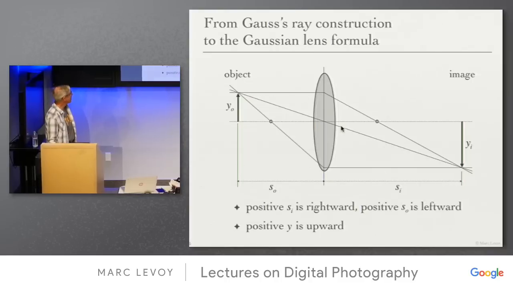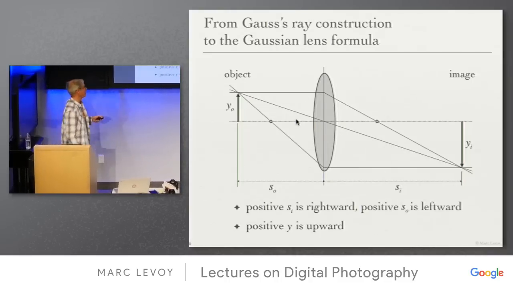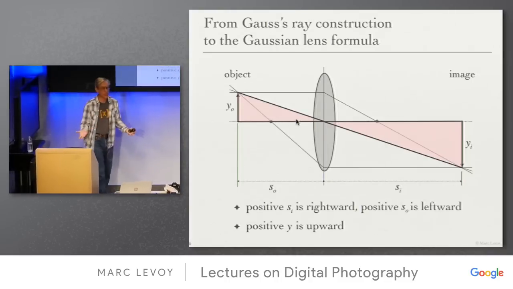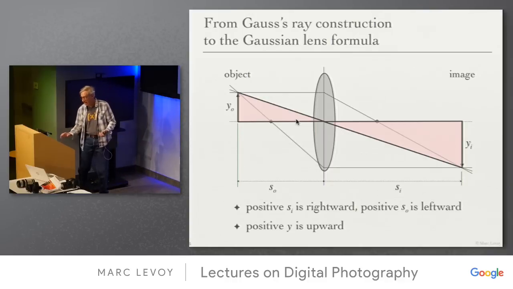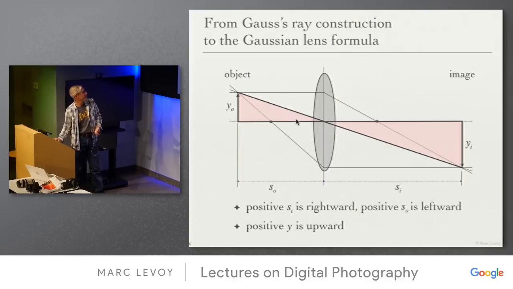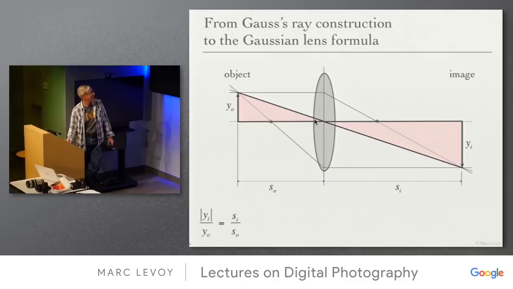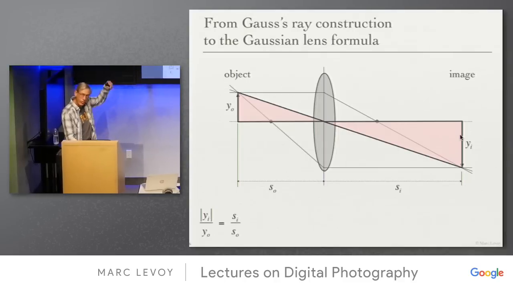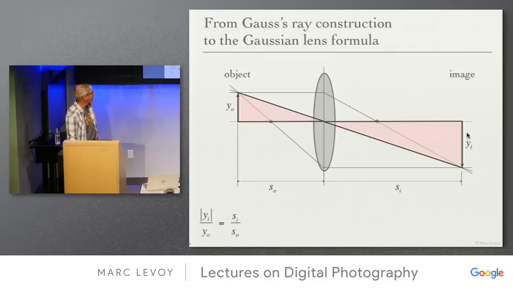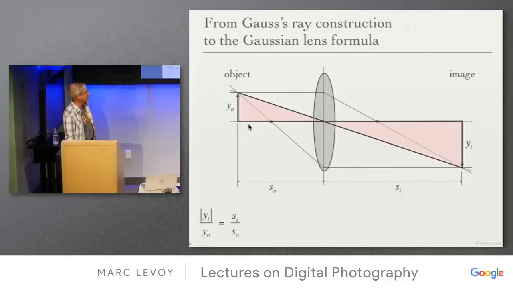Positive Y is upward. That's just a convention that we'll use in the formulas. And now let's just start doing similar triangles. And so in similar triangles, we get that, because this is negative, we have to take its absolute value. This is to this as the image distance is to the object distance.